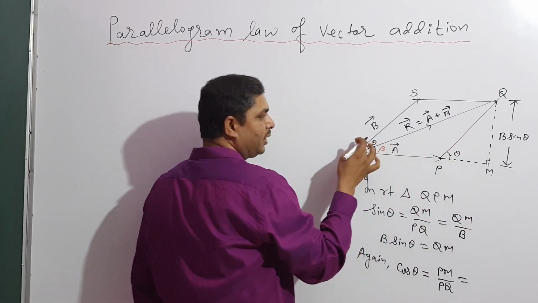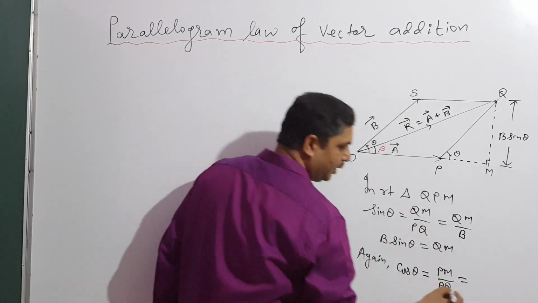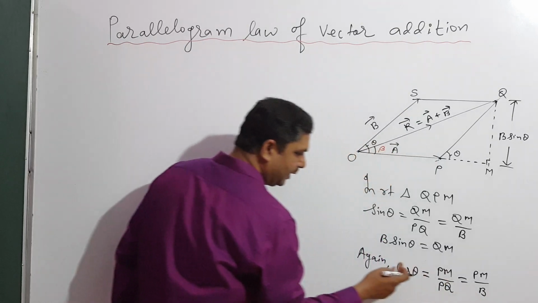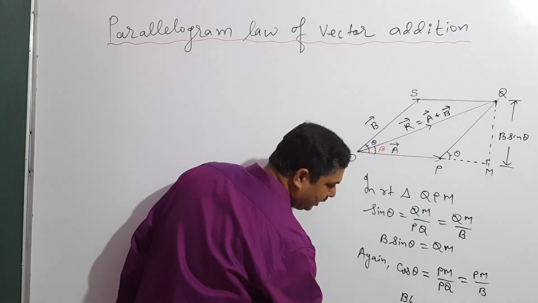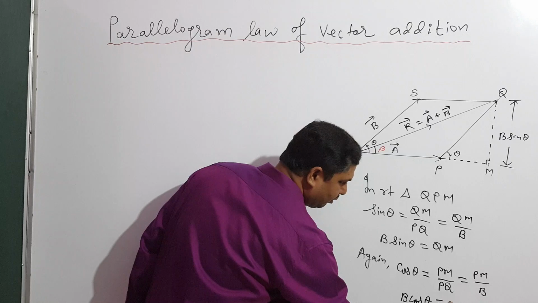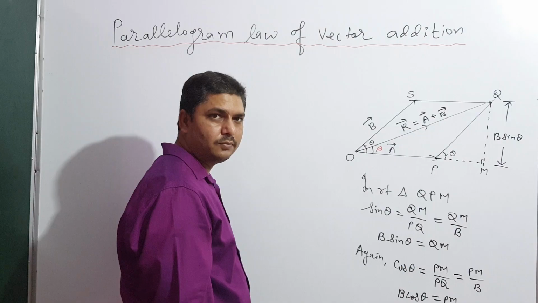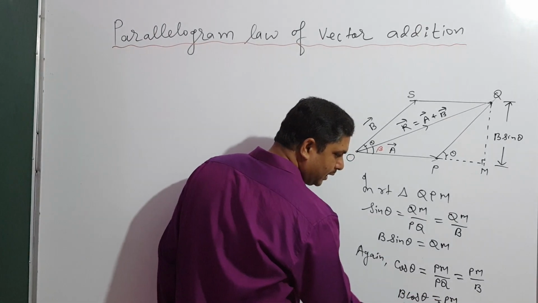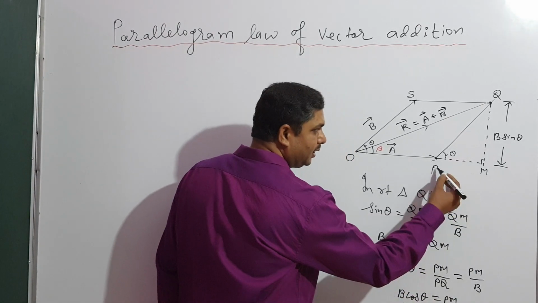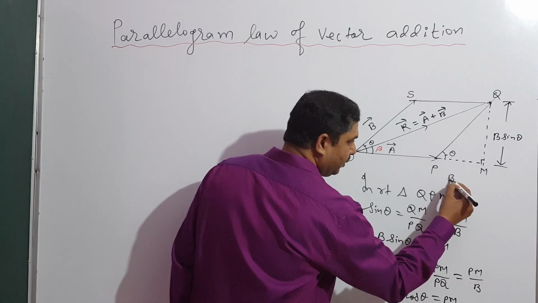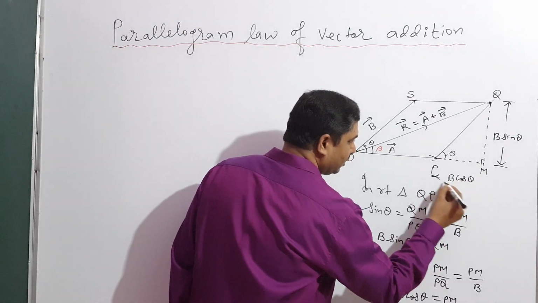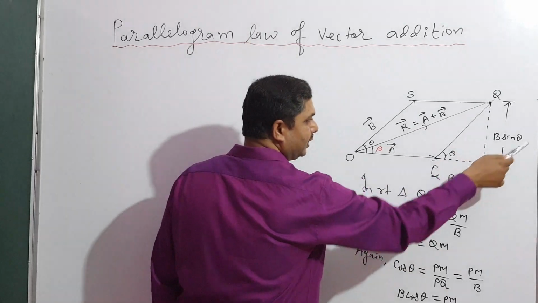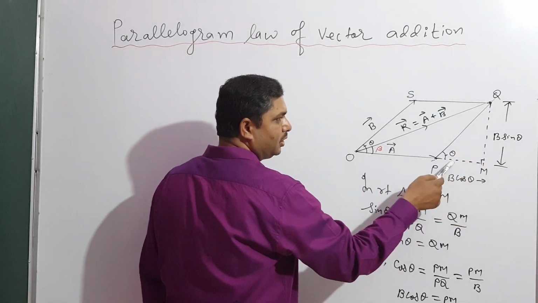PQ equals again OS, and OS equals B. So here you have PM upon B. Again multiply this side by B, you have B cos theta equals PM. So you get B cos theta equals PM. This means that length PM equals B cos theta. So you get the length QM equals B sin theta and PM equals B cos theta in right triangle QPM.